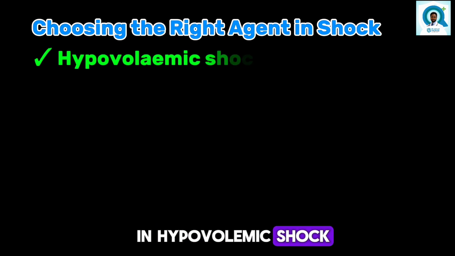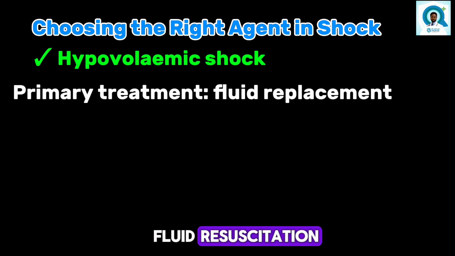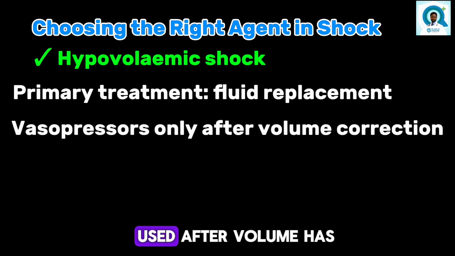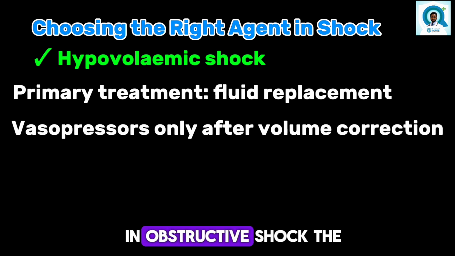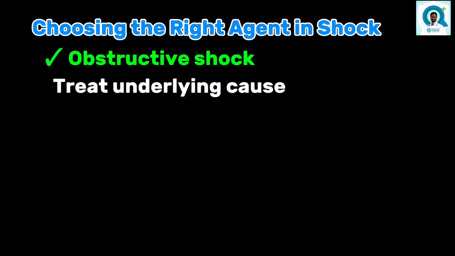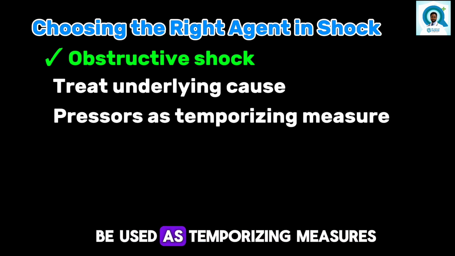In hypovolemic shock, the primary treatment is fluid resuscitation, and vasopressors are only used after volume has been corrected. In obstructive shock, the underlying cause should be treated, and vasopressors may only be used as temporizing measures.